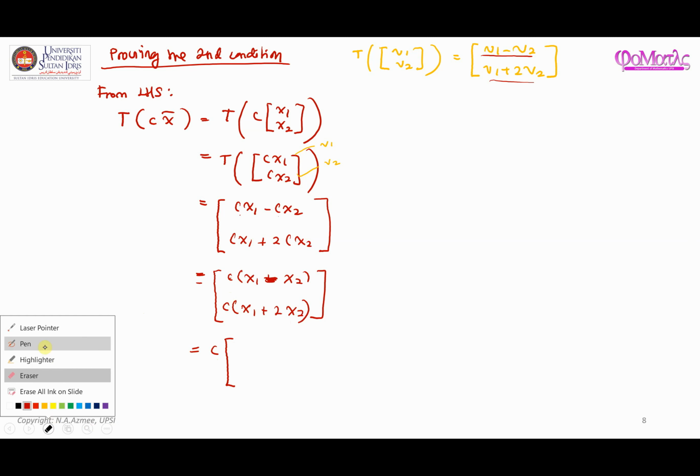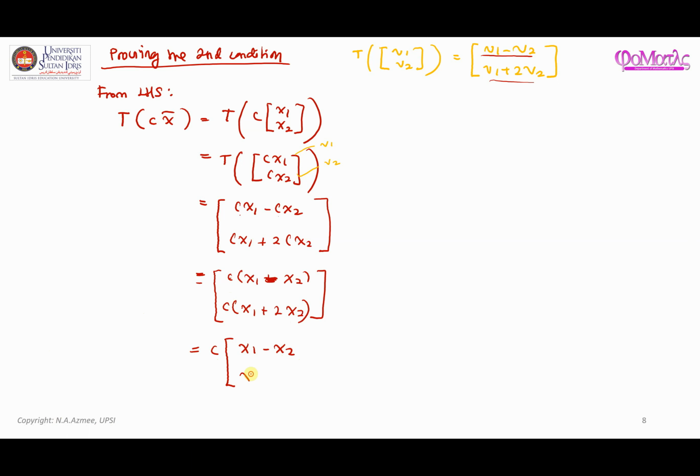Hang on. So here we have C times (x1 minus x2, x1 plus 2x2). Now go back and look at the rule given here. They look similar, don't they? So here is x1 minus x2, v1 minus v2; x1 plus 2x2, v1 plus 2v2.